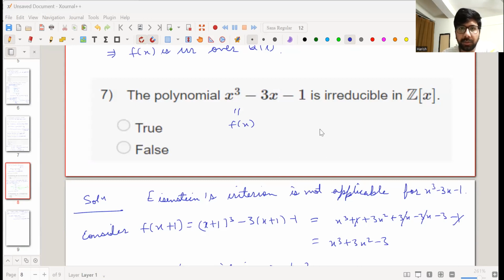If we do mod 4, the image is x cube minus x minus 1, hence it has no solution.